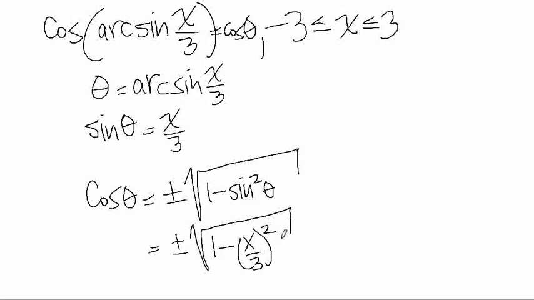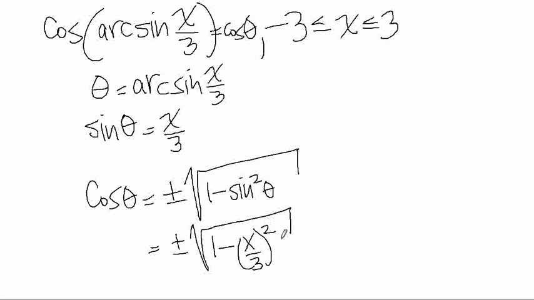All right, so let's again think about the quadrants. The x values range from minus 3 to 3. X over 3 ranges from minus 1 to 1. And the sine is restricted to a limited domain that corresponds to the first and fourth quadrants, like the last problem.